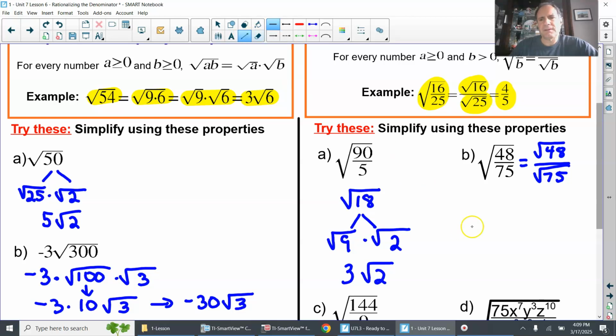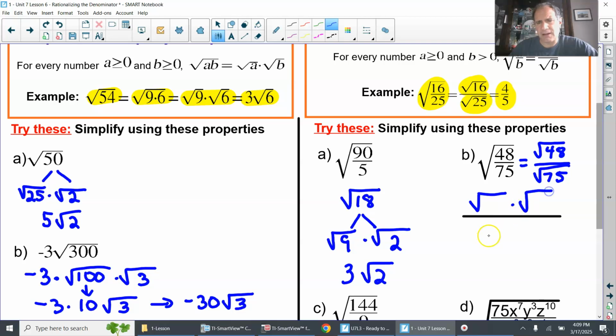So take a look at what I'm going to do. I know that the square root of 48 is a non-perfect square. So I need to put a perfect square house and a non-perfect square house. When I say house, radical. So square root of 75, the same thing. Perfect square times a non-perfect square.